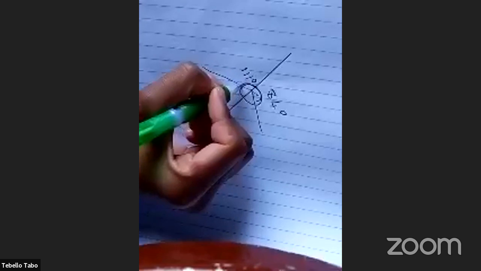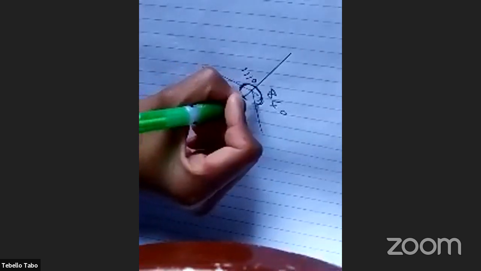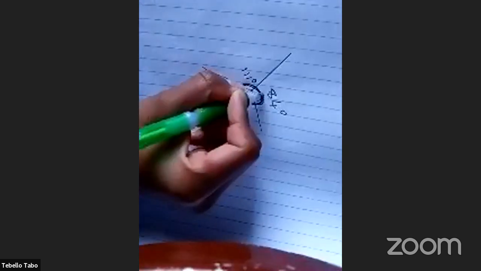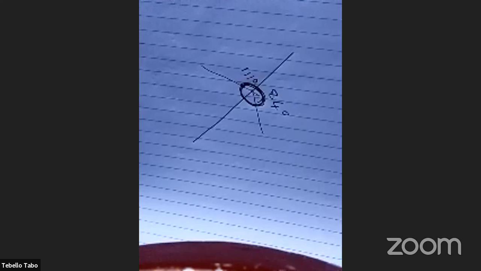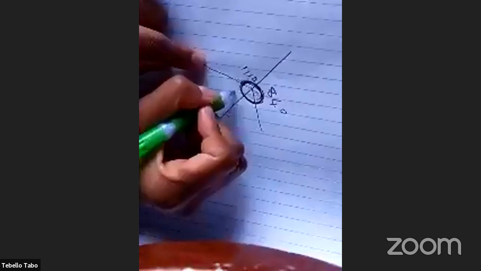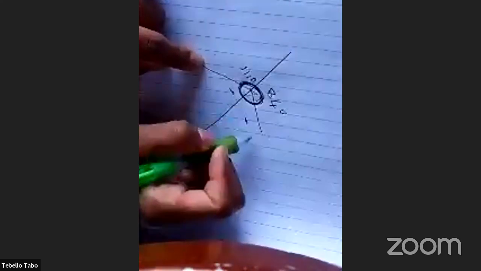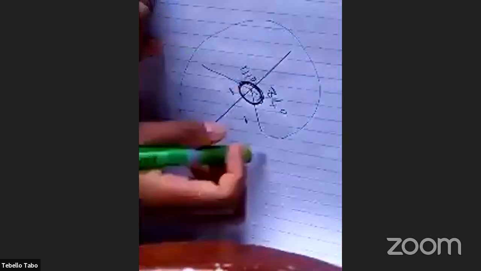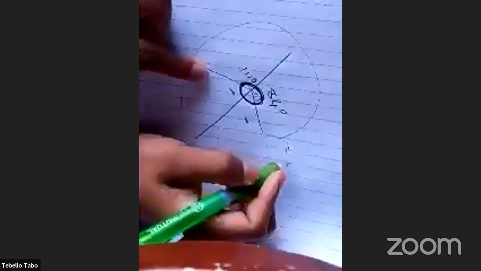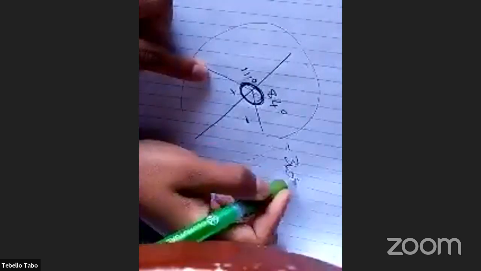You see the cycle. What is the degree of this full cycle? Yes, equals to 360 degrees. So whatever value that must be here and here, when you add all of them, they must give you 360 degrees.